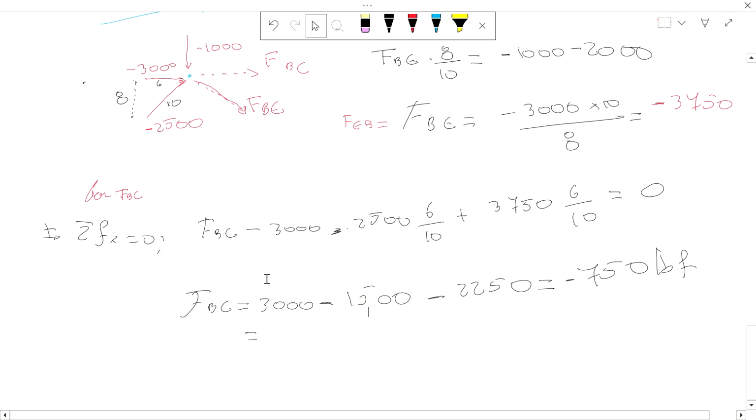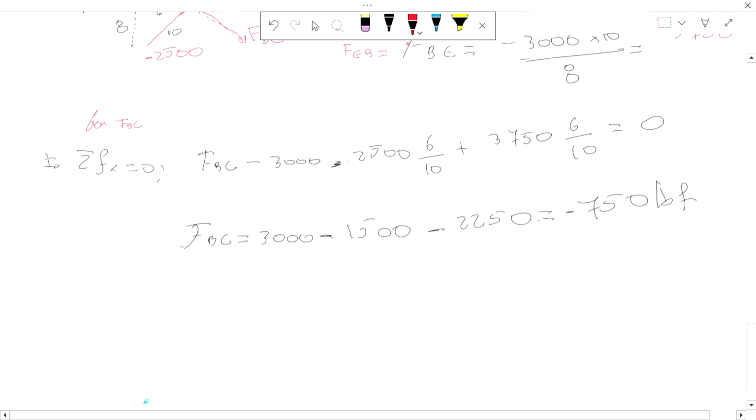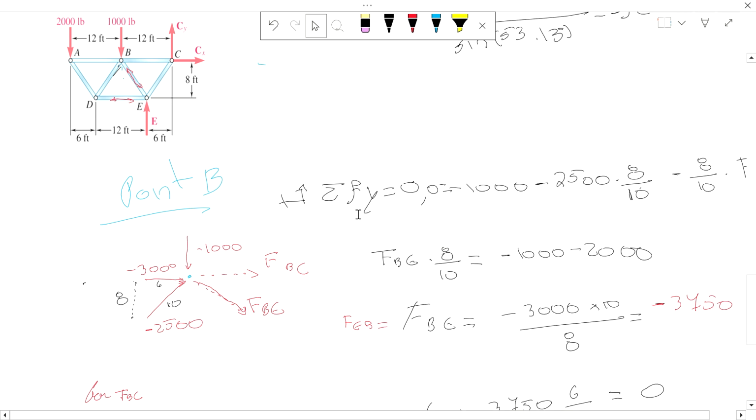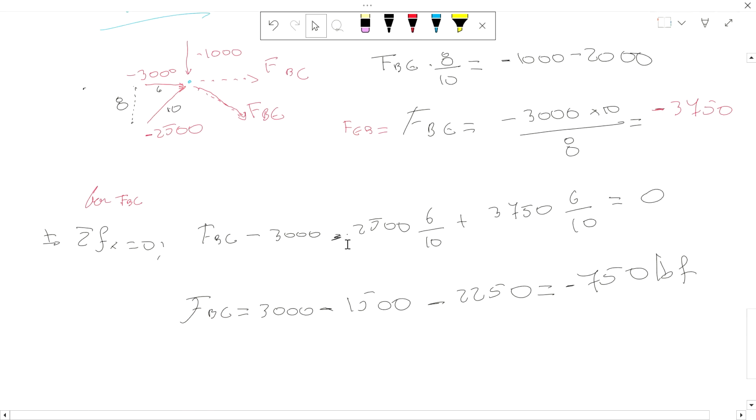For E to C, we take point E again. In point E, we have a force coming up of 10,000, a force from D to E, a force from E to C, which is the one we're trying to find, and a force from E to B. Right, because we have a point B up here.